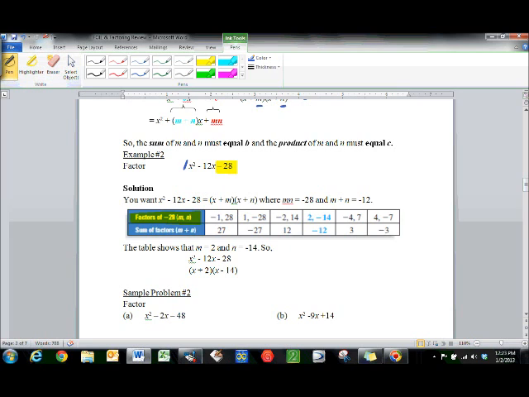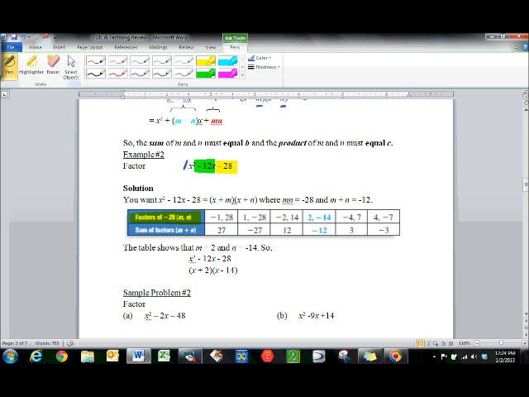So negative 1 times 28 is negative 28. A positive 1 times negative 28 is also negative 28. And so forth and so on until we come up with every single pair of factors that multiply to get negative 28. Then we want to look through that list of factors and see which set of factors, when added together, would give us negative 12.